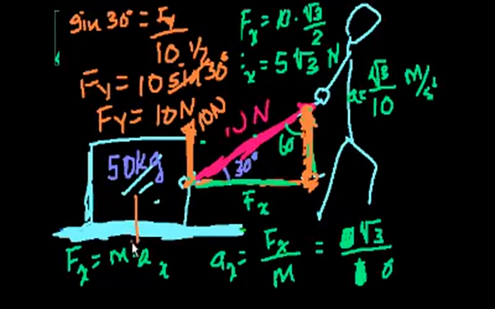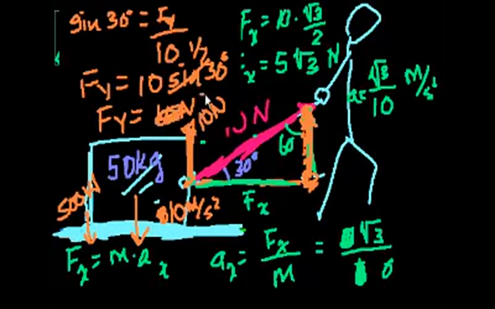But the force downward, what's the force of gravity on this block? Well, it's 50 kilograms times 9.8, or roughly 10 meters per second squared, right? So the downward force of gravity is something like 500 newtons. 500 newtons, gravity's pushing down. And my upward force is only 5 newtons, sorry.